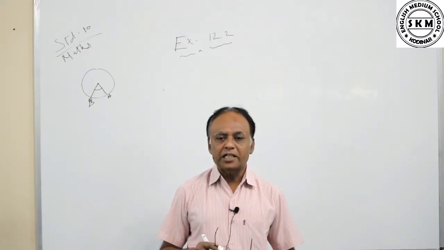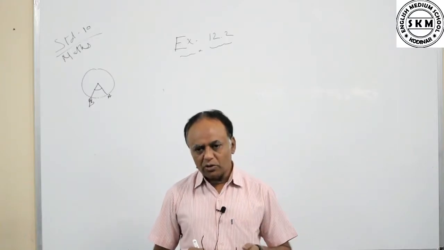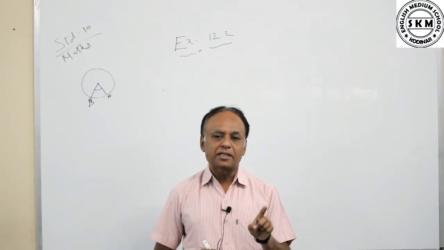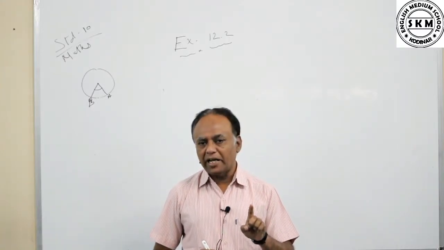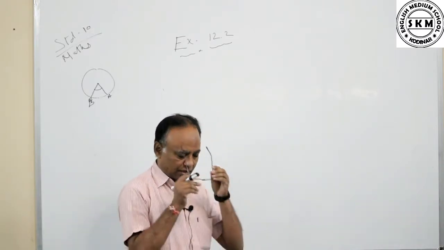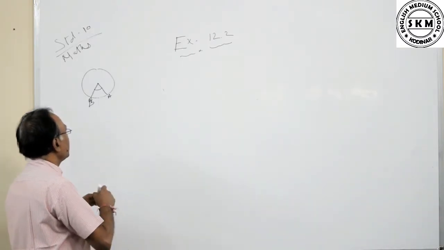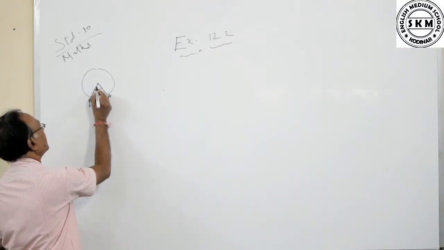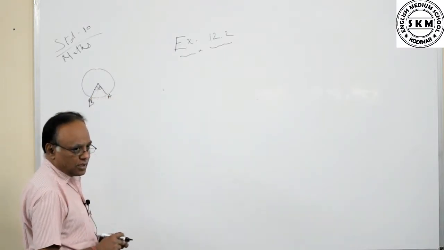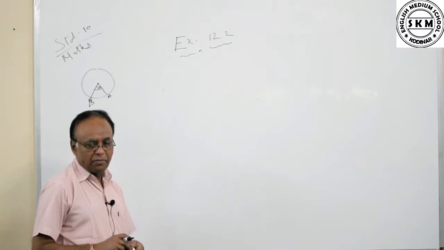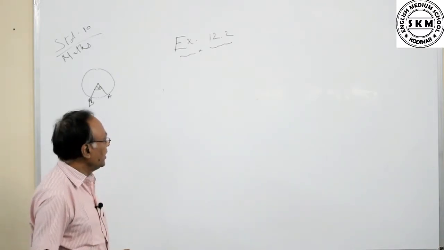So 6 fives are 30. Also you have to remember that every 5 minutes the angle swept by the minute hand is 30 degrees. So here theta is equal to 30 degrees. Why is it 30 degrees? In 5 minutes the angle swept by the minute hand is 30 degrees.